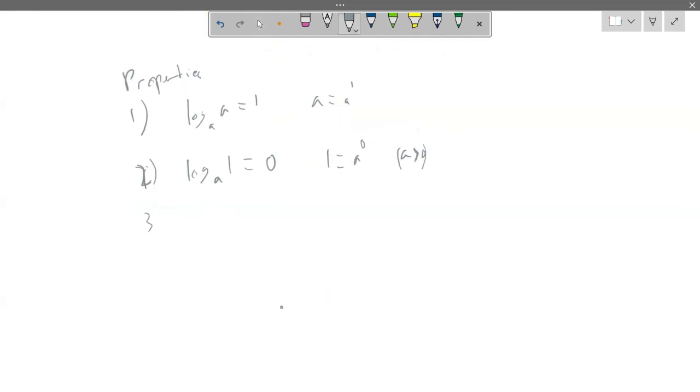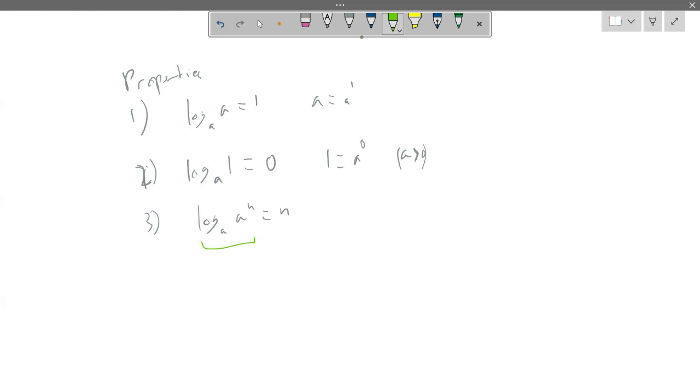The third property is about when you can calculate logarithms by hand. This is one of the few instances where you can find logarithms by hand. If the argument is a power of the base, then the result is the exponent of the argument.